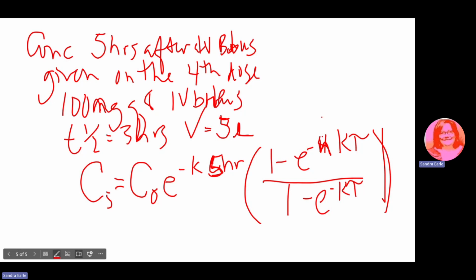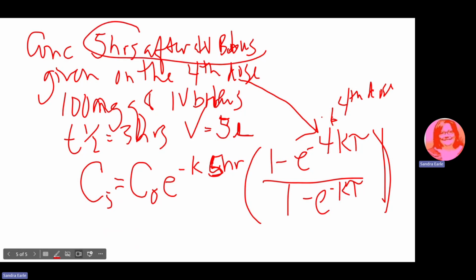So we're going to replace that n with the 4th dose. Okay. And we want it 5 hours after the bolus is given. So we're drawing a picture. We give the dose, 100 milligrams.